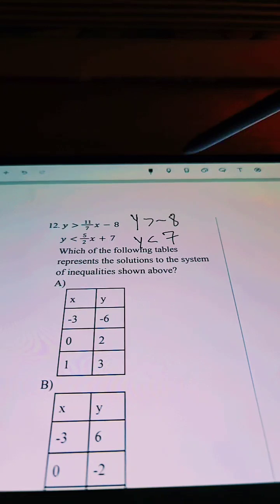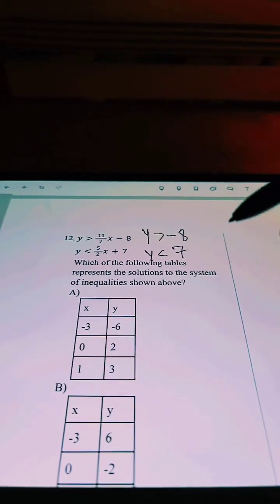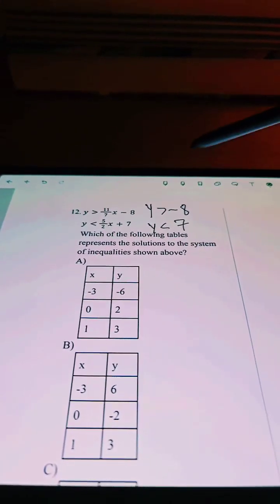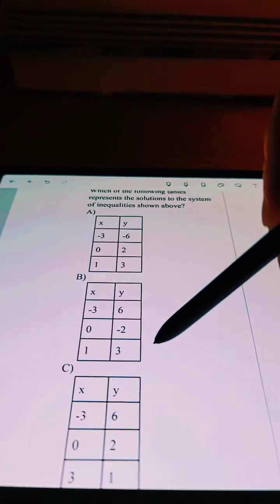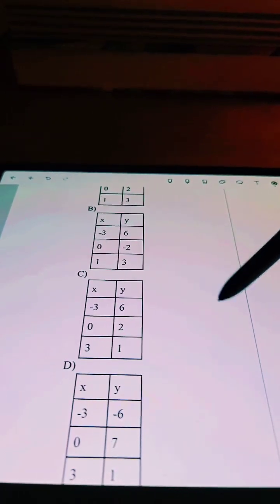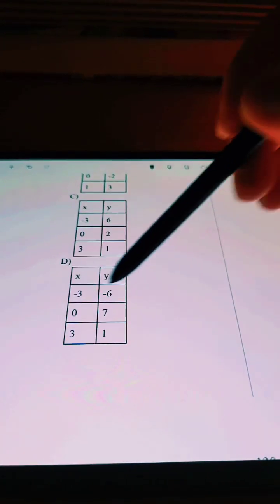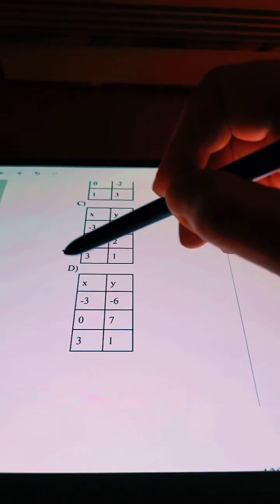So I need my y in these tables to be greater than -8 but less than 7. 2 is greater than -8 and less than 7, so that works. -2 is greater than -8 and less than 7. 2 is greater than -8 and less than 7. But D does not work because that's not greater than -8 and less than 7. So I can cross out D.